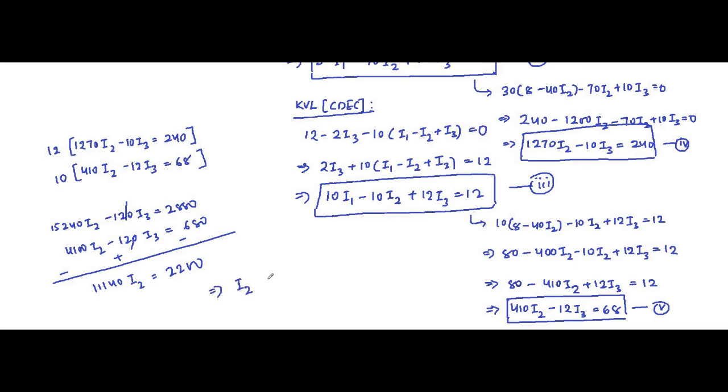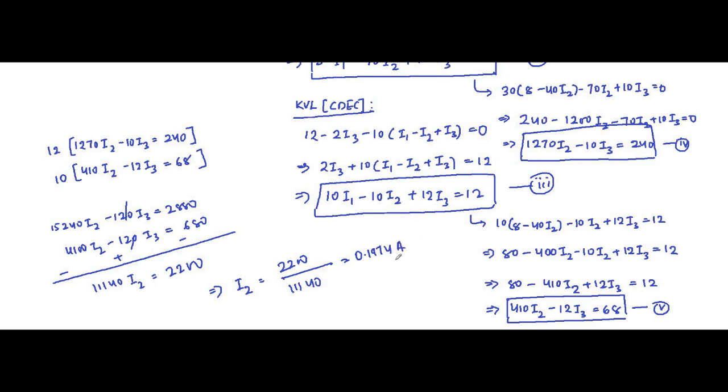That will be 2200 divided by 1140, and that is coming around 0.1974 ampere. That is the value of I2.